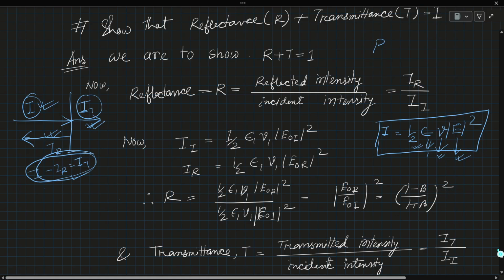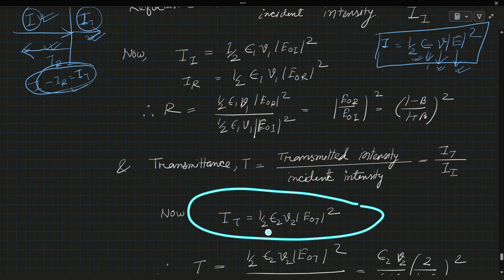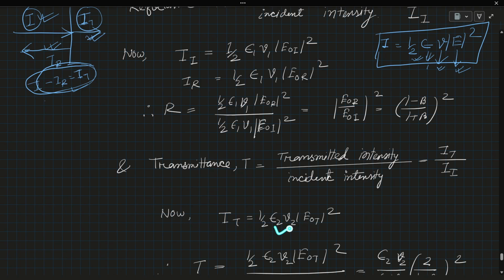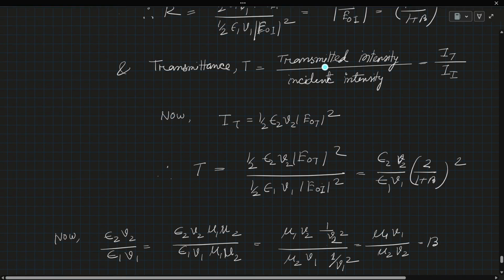Similarly for the transmitted wave, transmitted intensity divided by incident intensity, so IT divided by II. Similar terms: epsilon 2 V2, since the transmitted wave is in medium 2, so the permittivity of medium 2, the velocity of the wave in medium 2, and the electric field EOT. So transmittance is IT divided by II.